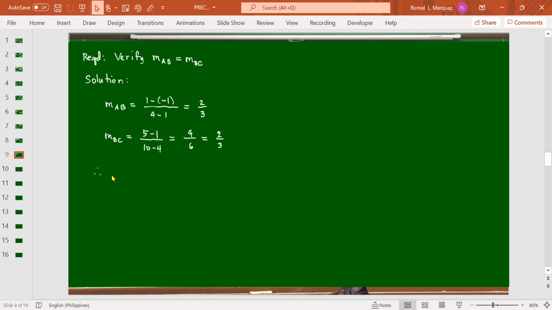Therefore, guaranteed that the given points are what? Are collinear. So meaning, the given points lie on a straight line. Okay, children? Any question with that? Guys?